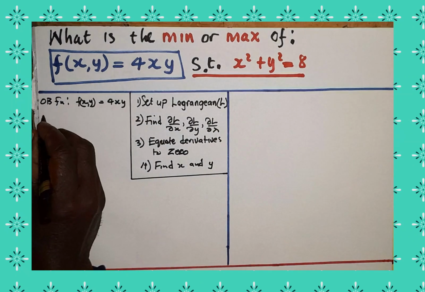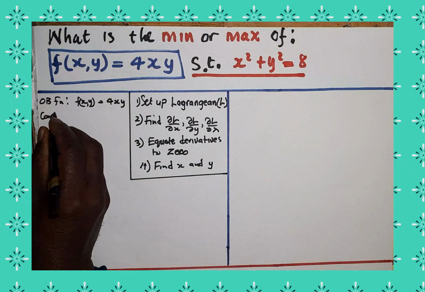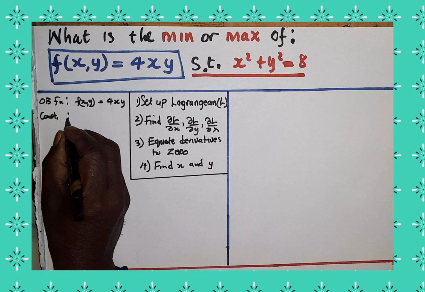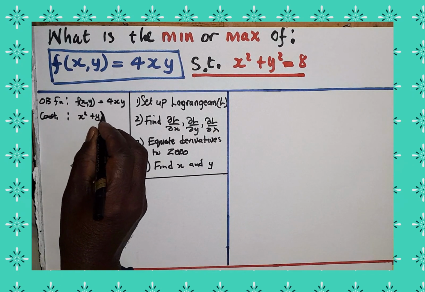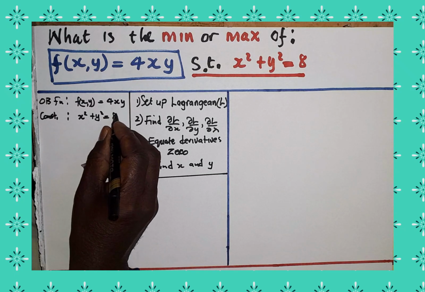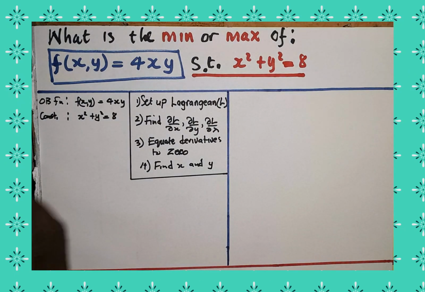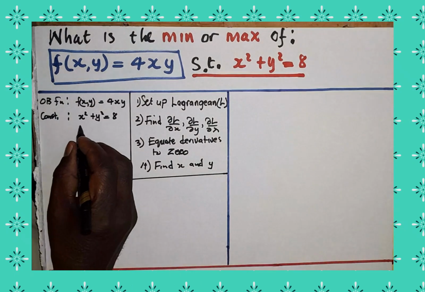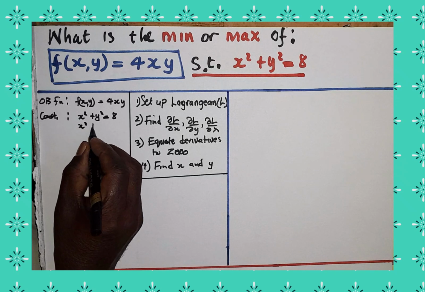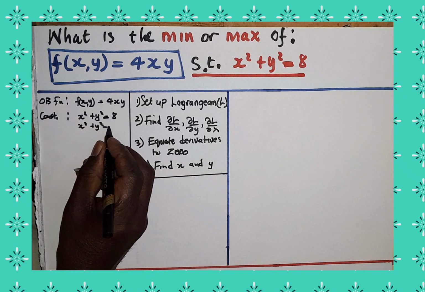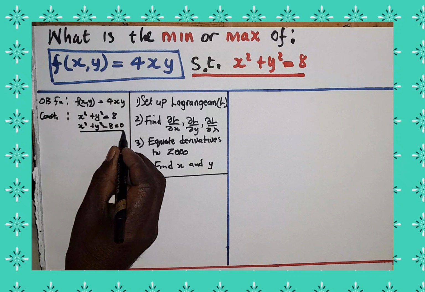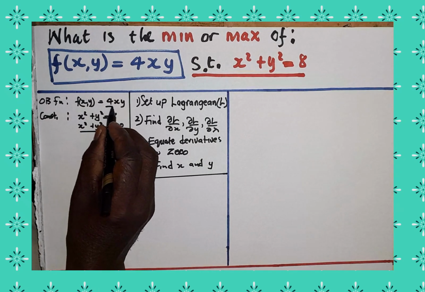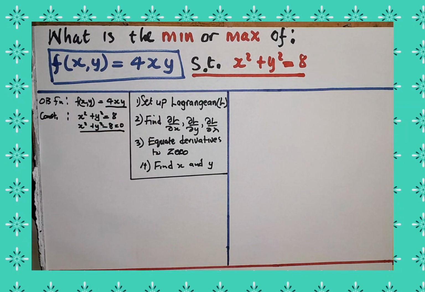Our constraint is the function x squared plus y squared is equal to 8. Notice we can write our constraint as x squared plus y squared minus 8 is equal to 0. So this is our constraint and this is our objective function.